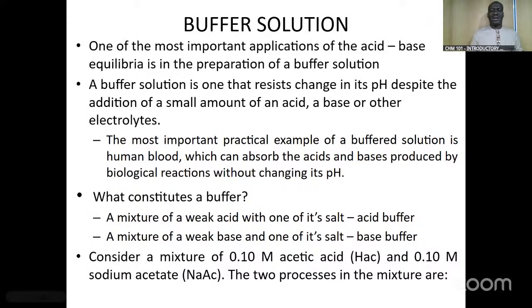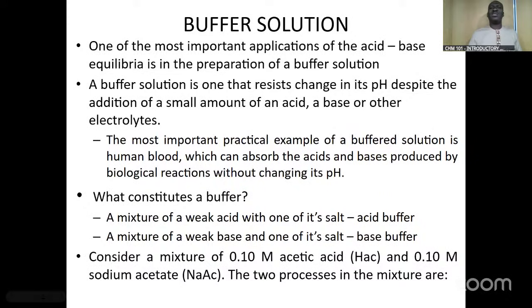For example, the human blood. We eat all manner of food. You eat oranges, you get ascorbic acid, citric acid. You eat meat, you eat egg, so you get proteins, and from proteins you get acid, you get base. Protein is made up of amino acid, amino, base, acid.